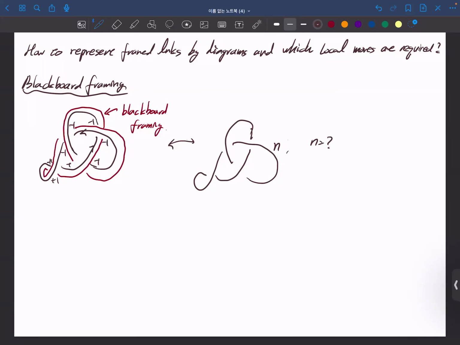So there are six -1 and two +1. So the linking number of K prime is equal to 1/2 sigma, 6 times -1 plus 2 times 1, so -2. So this corresponds to the framed link with integer number -2.